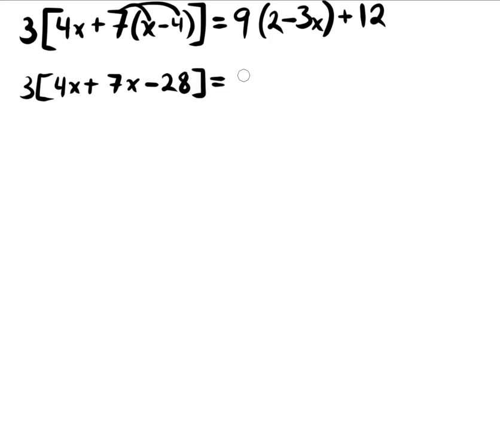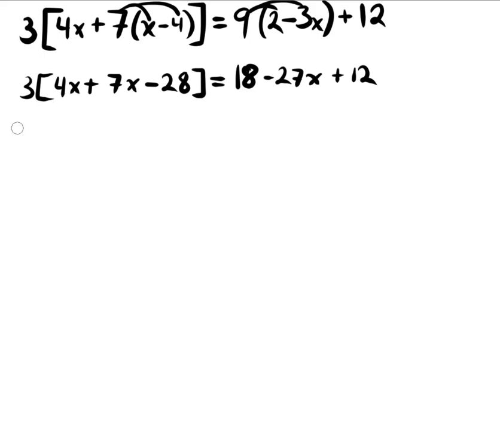Is equal to 9 times 2, and once again I can also do the distributing on this side. I got 9 times 2 is 18, and 9 times a negative 3 is minus 27x, right? Okay, and that gives me plus 12.